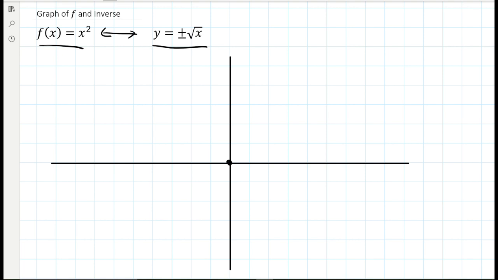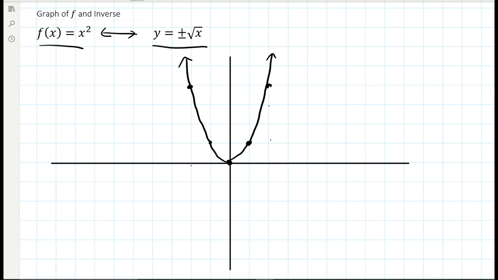Then 1 squared is 1, and 2 squared is 4, so we have 2 comma 4, and then negative 2 comma 4. So we have something that looks like this. Okay, that's our parabola, y equals x squared.